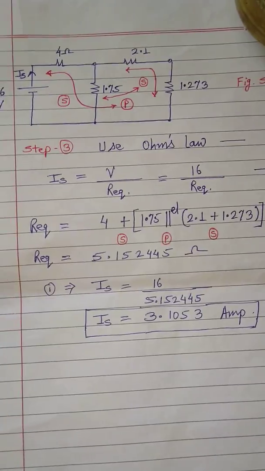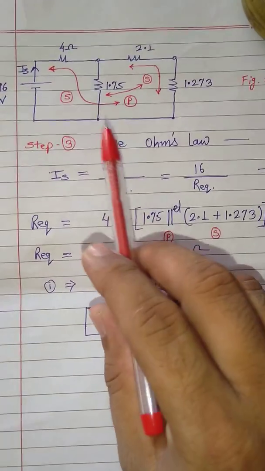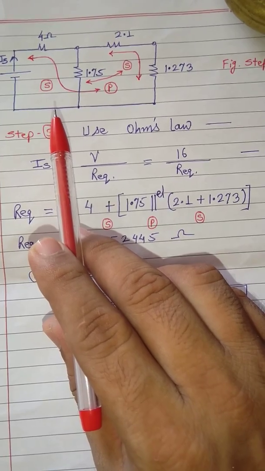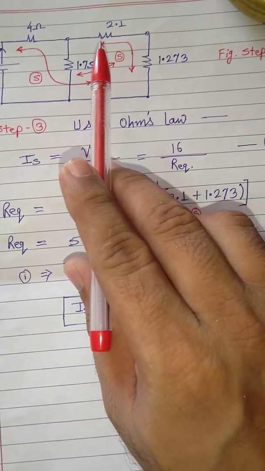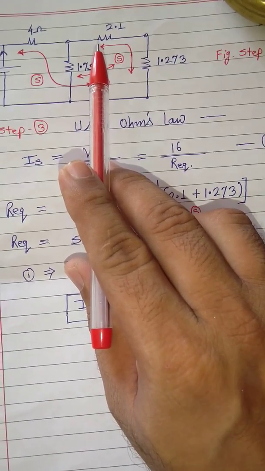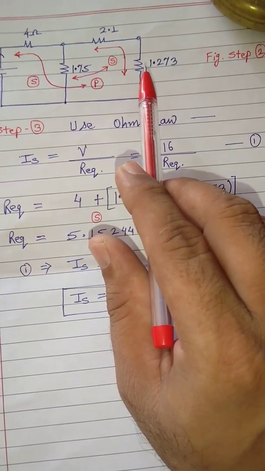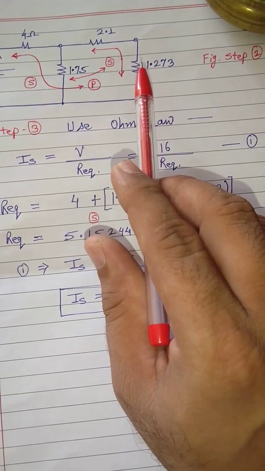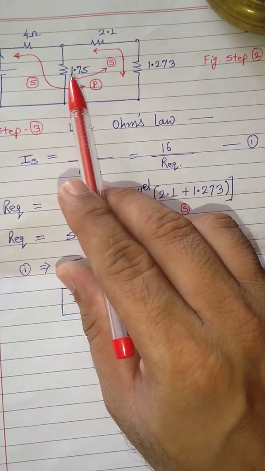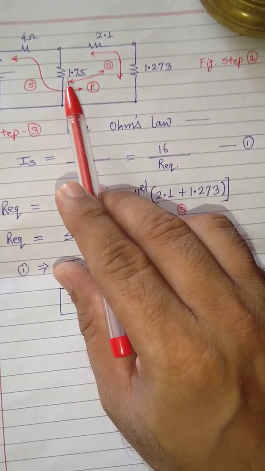Now from this step 2 you can draw the next figure which is shown here. This figure replaces that complete parallel connection. So you get 2.1, the parallel combination of 7 and 3, then 1.273, the parallel combination of 3.5 and 2, and this 1.75, the parallel combination of 2 and 14.